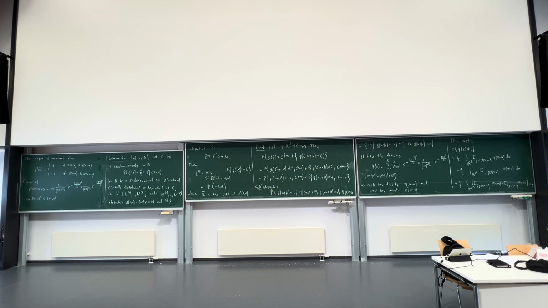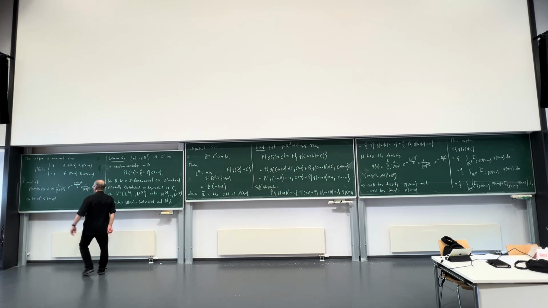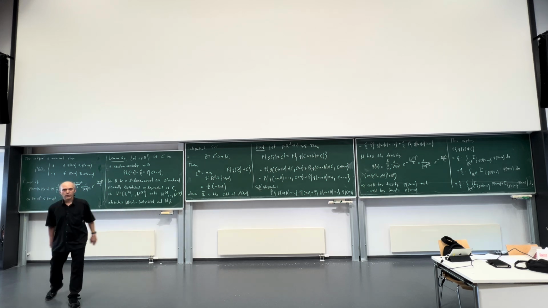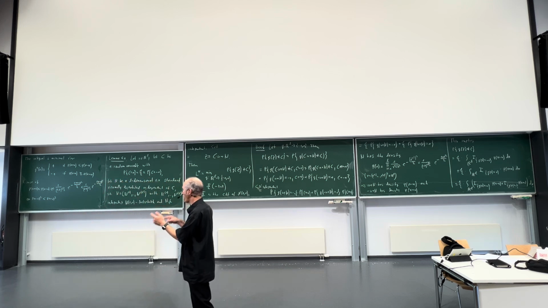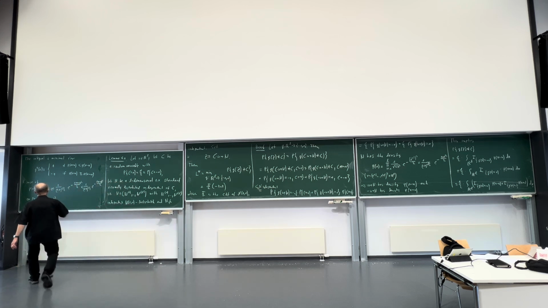And then the norm of x plus u squared minus the norm of x minus u squared should be greater than 0. You multiply out the norm squared using the scalar product. Then the norm x squared and the norm u squared cancel. So you have 2 times the scalar product of x and u minus 2 times the scalar product of x and minus u, which gives you 4 times the scalar product of x and u. So basically, the scalar product of x and u must be greater than 0.